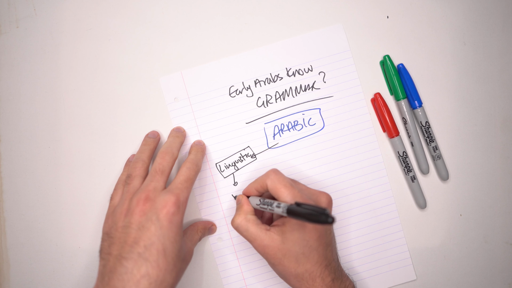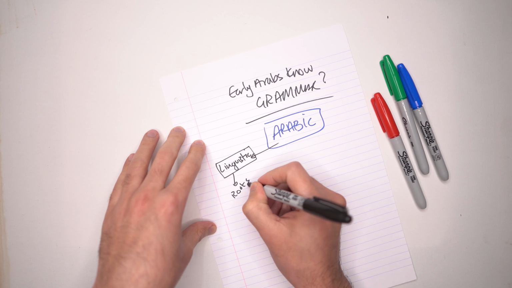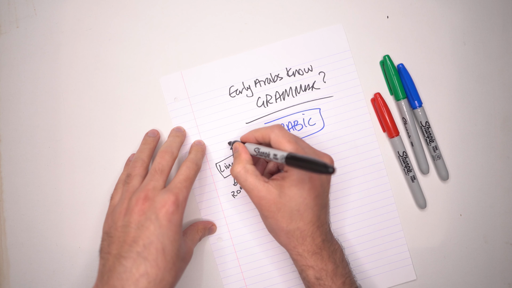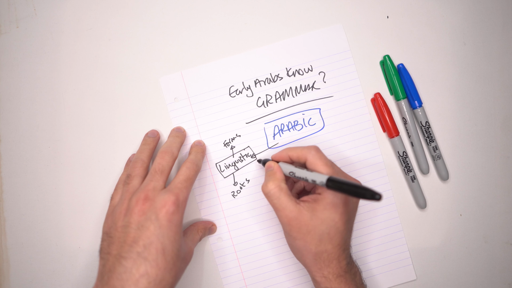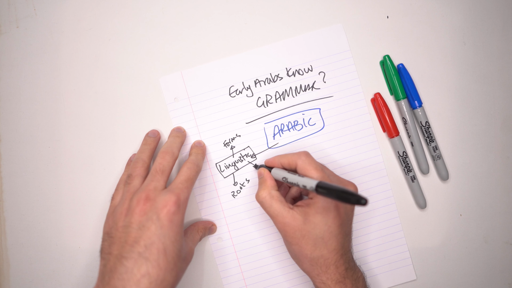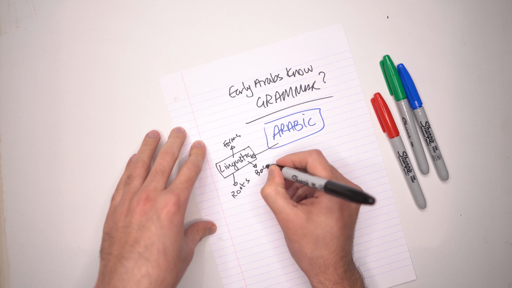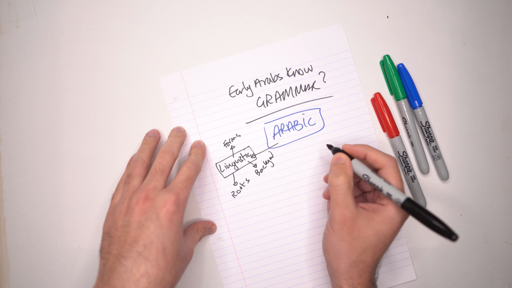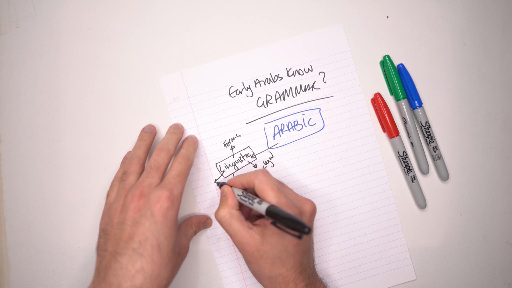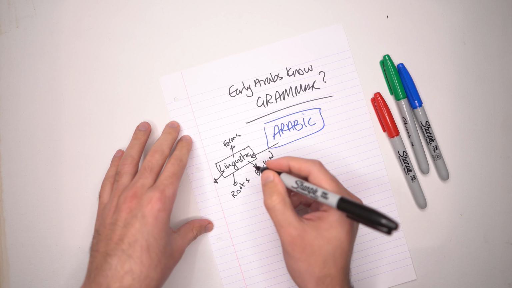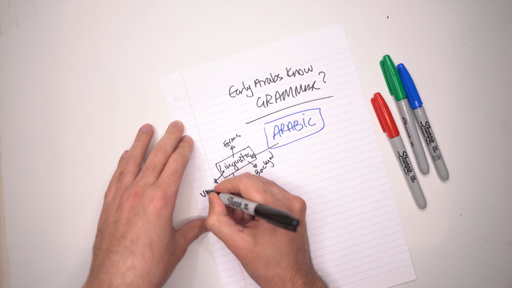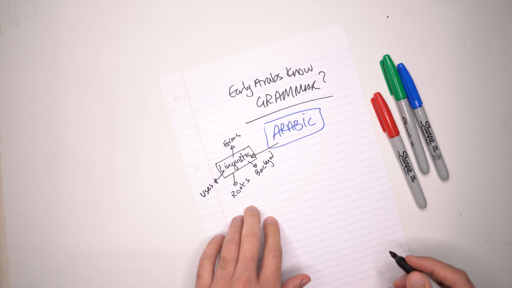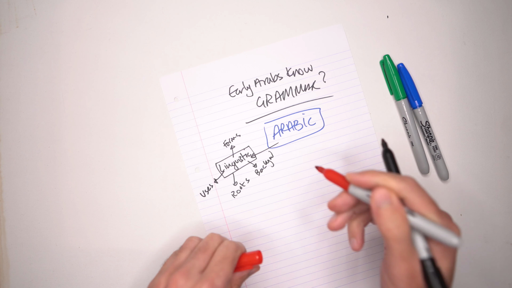You have the roots of the words, the different forms of words, the background of the verbs, and the different uses. So one is to do with linguistics.